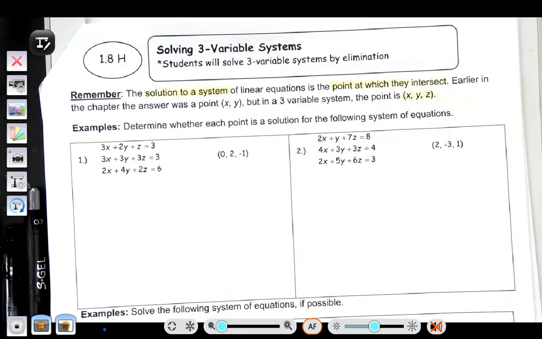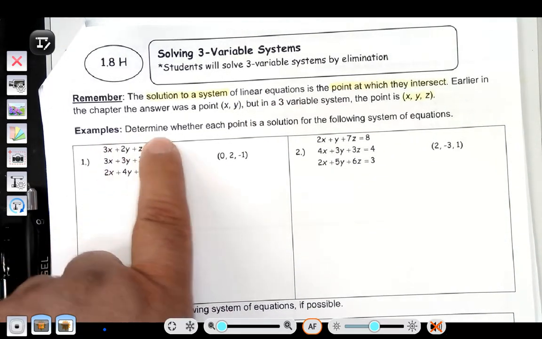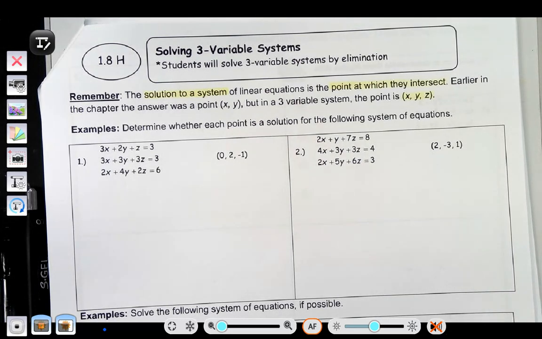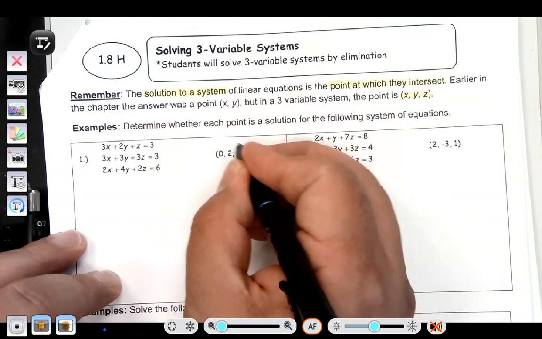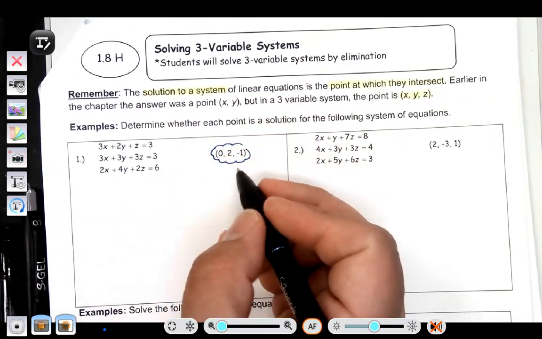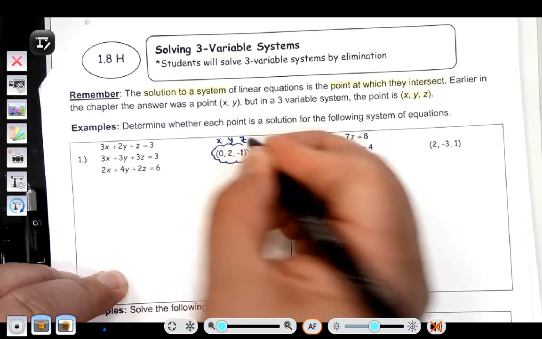So let's begin. In order to understand this concept, we're going to start with example number 1, where it says, determine whether each point is a solution for the following system of equations. So what I'm basically asking you here is, is this the point where these three lines are going to meet? I'm giving you an x, a y, and a z.